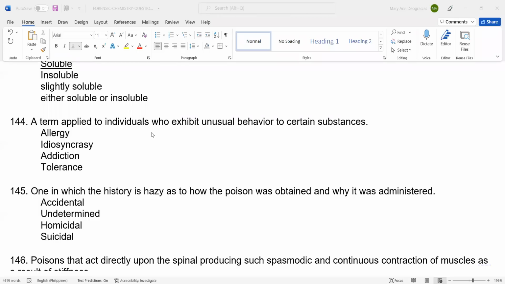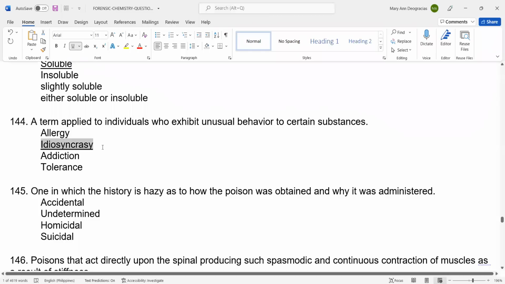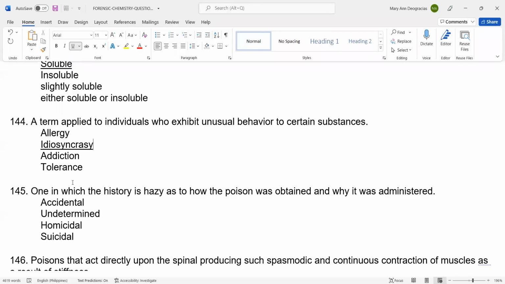Tolerance. Ano ba ibig sabihin kasi ng tolerance? Your body can tolerate the chemical that you introduce to it. Definitely, i-slash nyo sa addiction. I-slash nyo si tolerance. Tolerance is kayang tanggapin ng katawan mo yung substance.